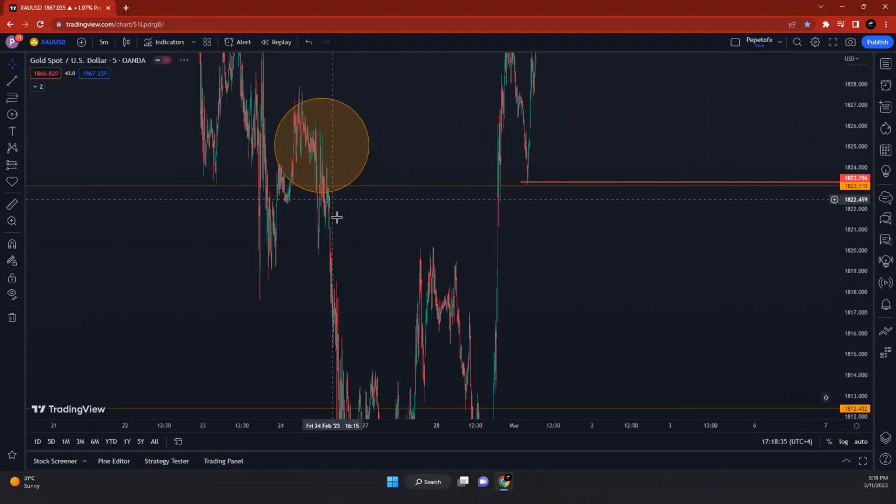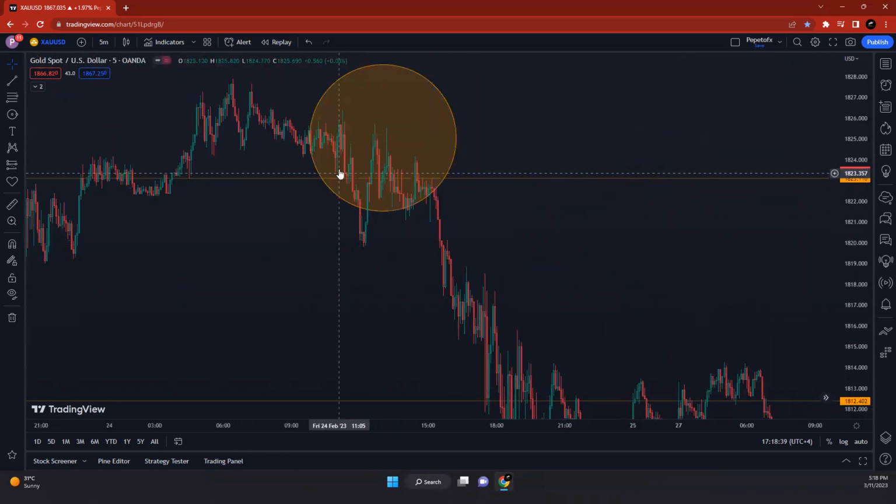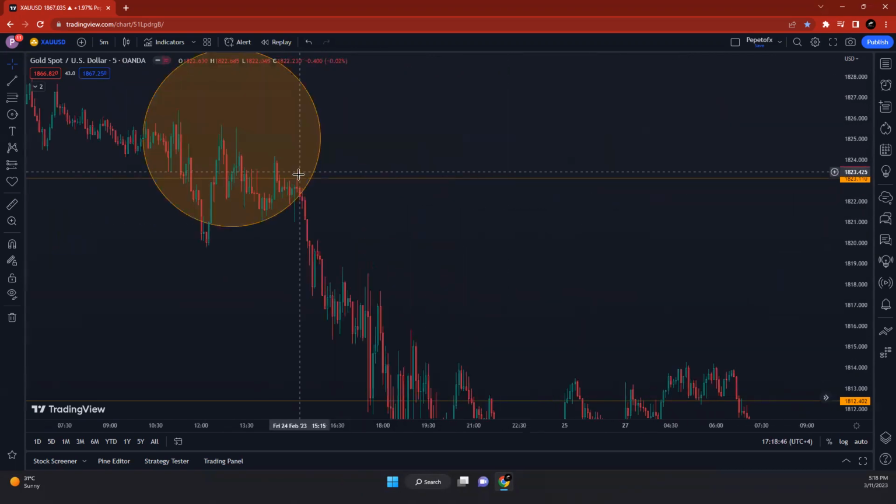It's just that sometimes the 30-minute candles are quite big and the stop loss becomes quite big. Okay, don't enter. We don't enter because the patterns are saying so.